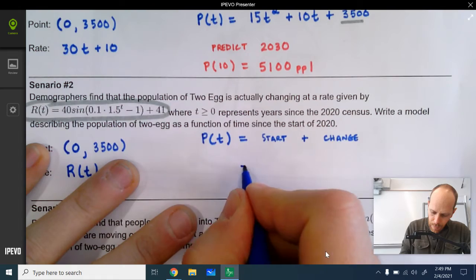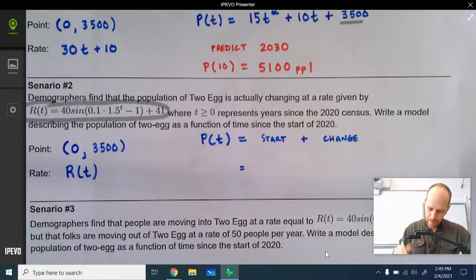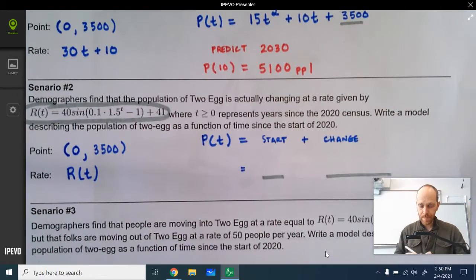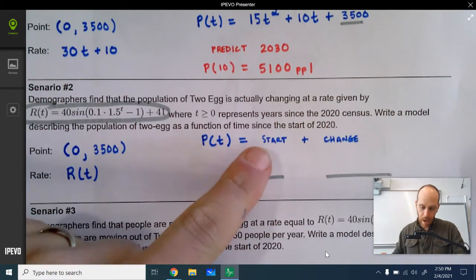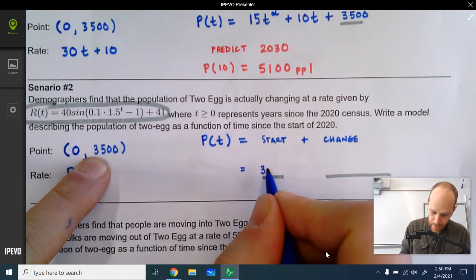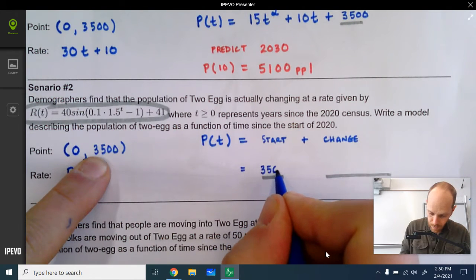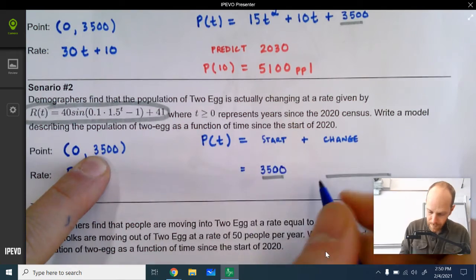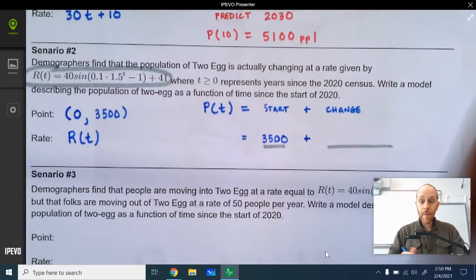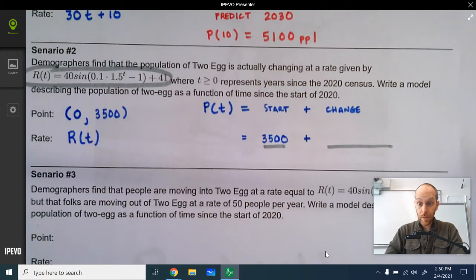So we need to come up with something for our start and something for our change. I'm going to argue that our starting value is the 3,500, because at time 0, we're right here. And I'm also going to argue that you can find the change by taking an integral.